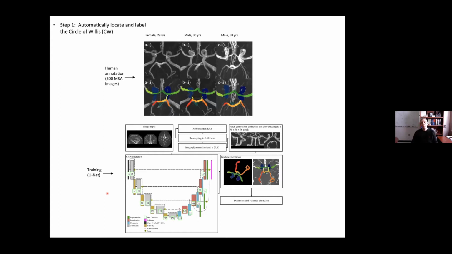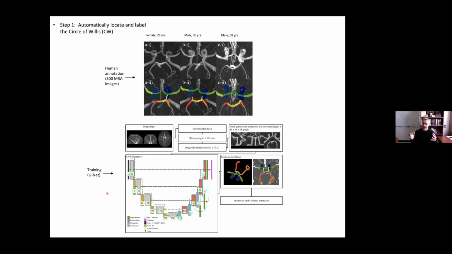And we quickly realized that it's actually quite easy to annotate these arteries because the circle of Willis, the major entry point of these arteries, there are rules. Certain arteries are allowed to connect with others, but other arteries are not allowed. So it's something a human can do really easily, but it just takes a long time.